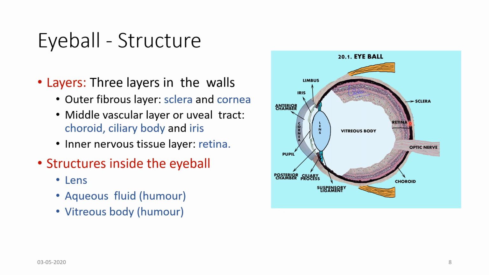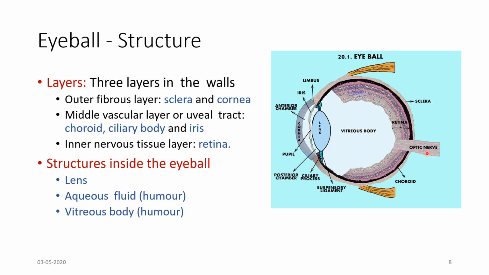The inner nervous layer, which you are seeing here in this histological image, is the retina. The retina contains nearly 10 layers with the cells that are involved in the transmission of the visual impulse.